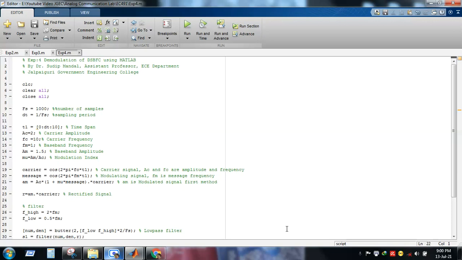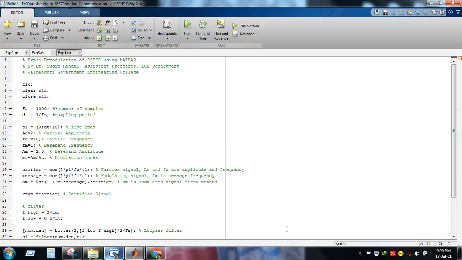of DSBFC signal. Now, if we consider the synchronous type detection of DSBFC signal, what do we need to do? First of all, we need to use a multiplier where we multiply a carrier signal with the original AM signal.